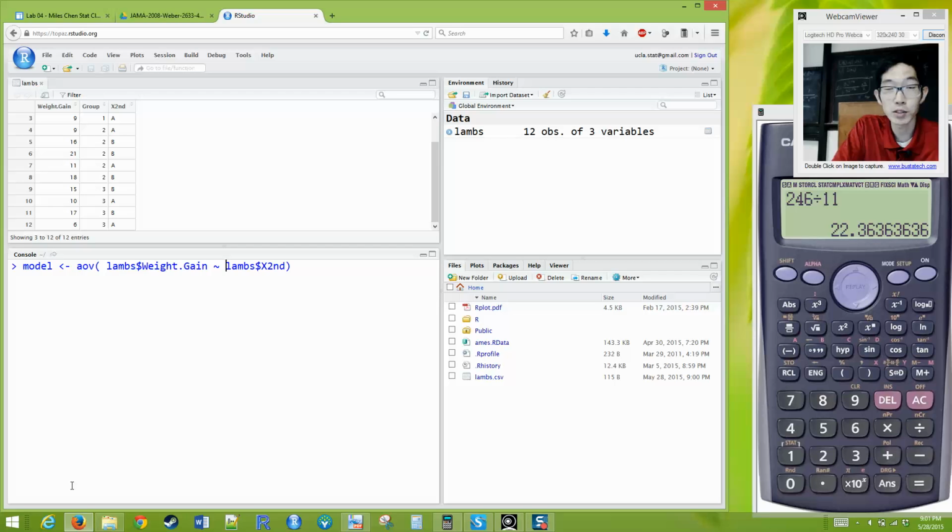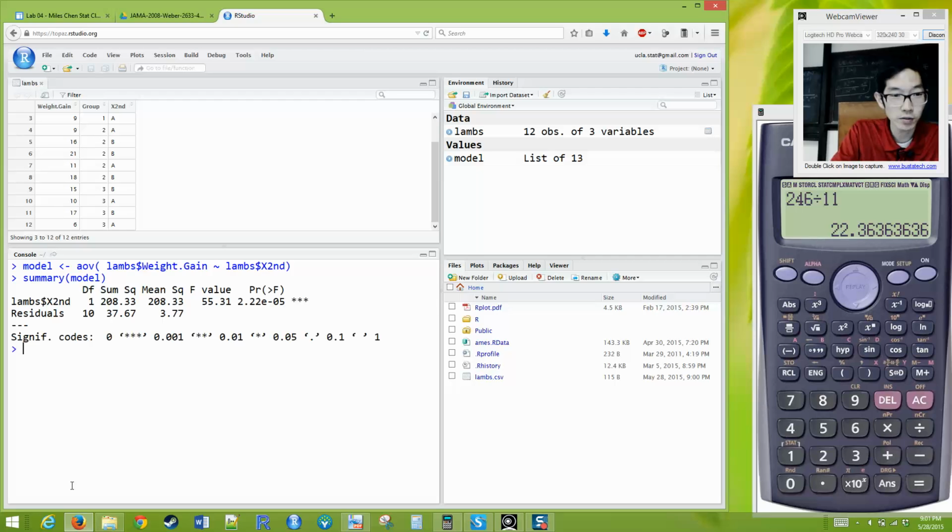All right, so let's take a look at our ANOVA table here. Looking at this, we see 1 degree of freedom. The sum of squares due to that is huge, 208.33. So the mean squares is this. Our F value is a ridiculously large 55, and so we have a P value that is 2.2 times 10 to the negative 5.